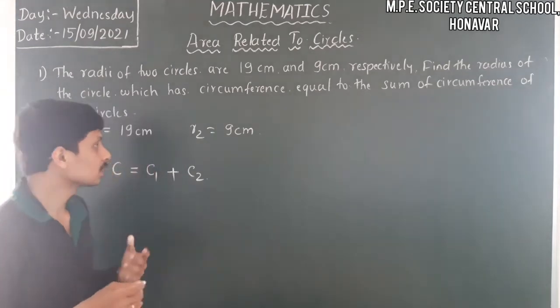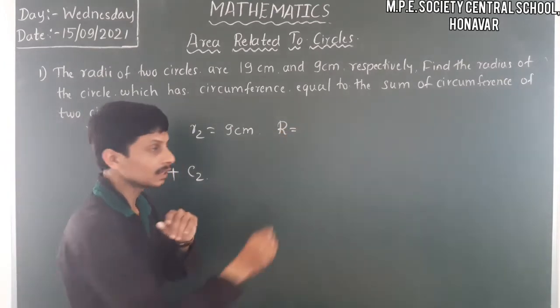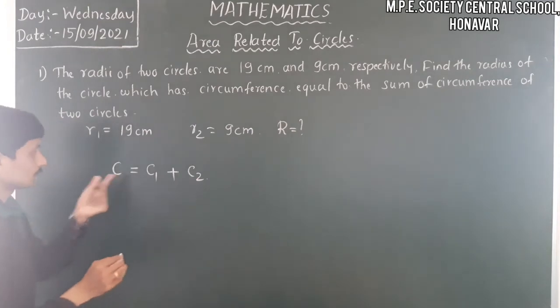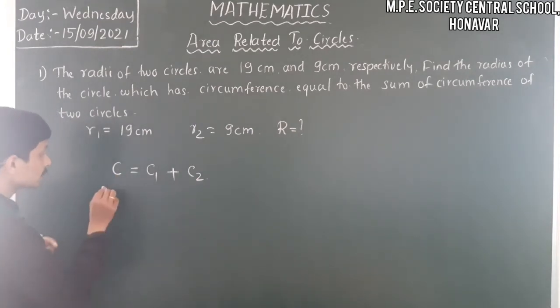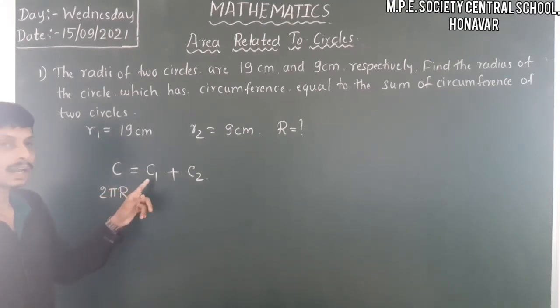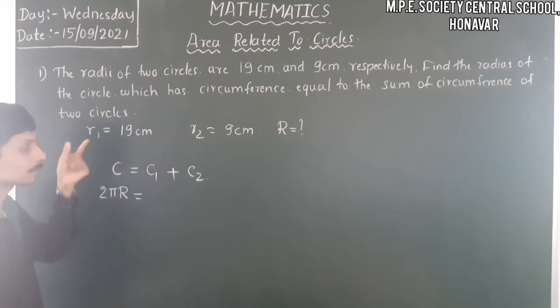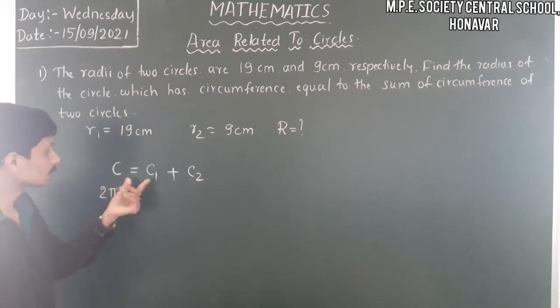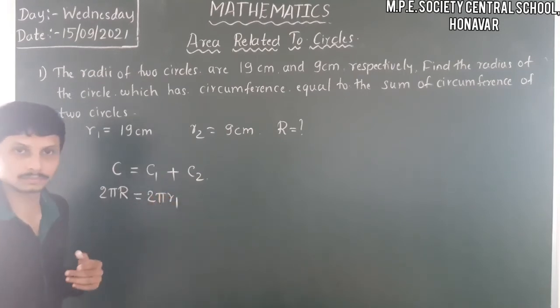If we take the radius of the bigger circle as capital R, its circumference is 2 pi R. The circumference of the first circle, C1, with radius 19 cm, which is R1, is 2 pi R1.